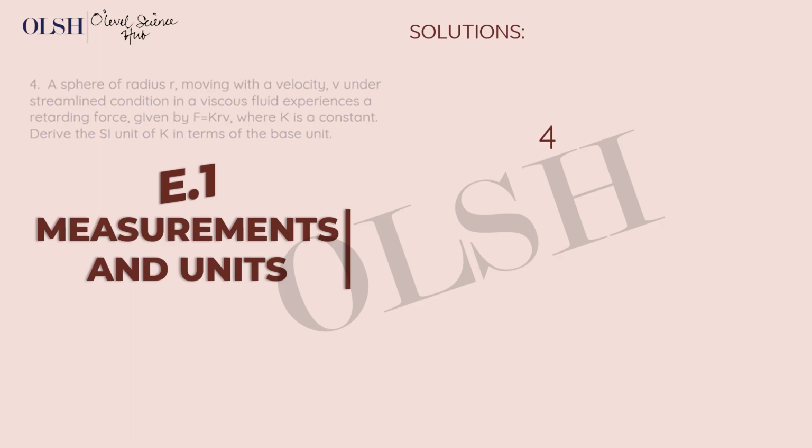Number 4 talks about a sphere of radius r moving with a velocity v under streamlined condition in a viscous fluid, experiencing a retarding force given by F equal to k r v, where k is a constant, and we're asked to derive the SI unit of k in terms of the base unit. So we look at the expression F equal to k r v. We see that F is force, and of course we know the unit for force.